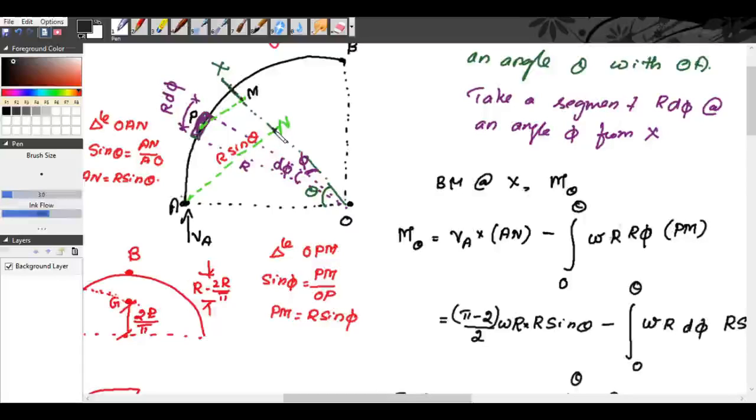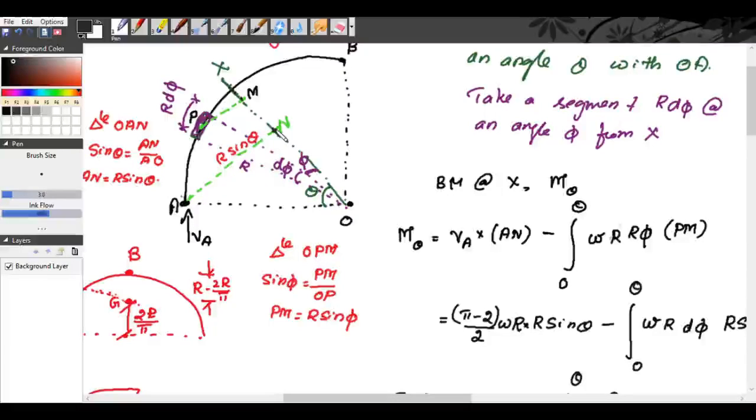XN is, see, for finding XN, you find ON first. So take triangle OAN. ON is R cos theta, right?